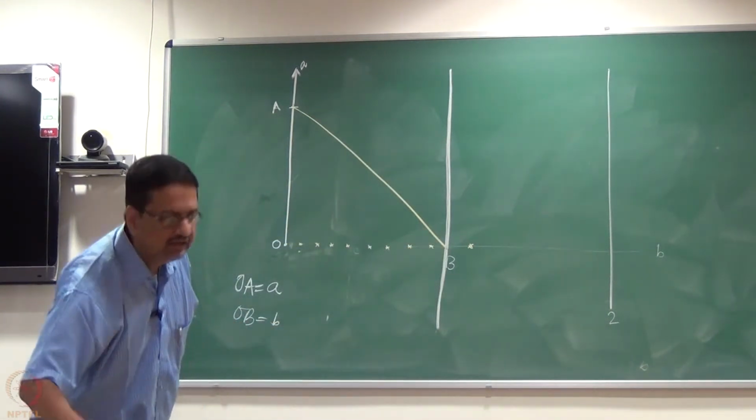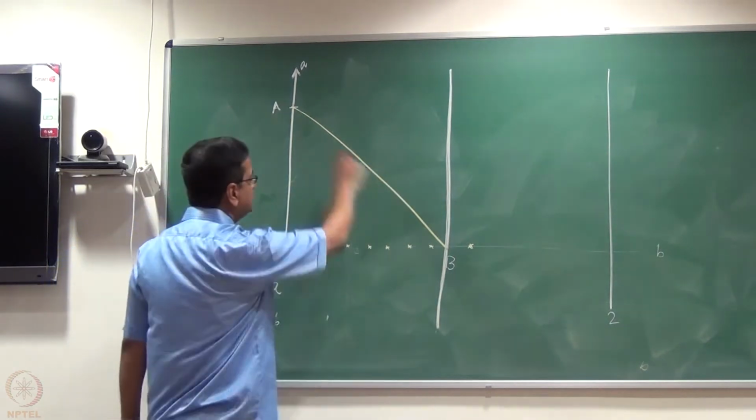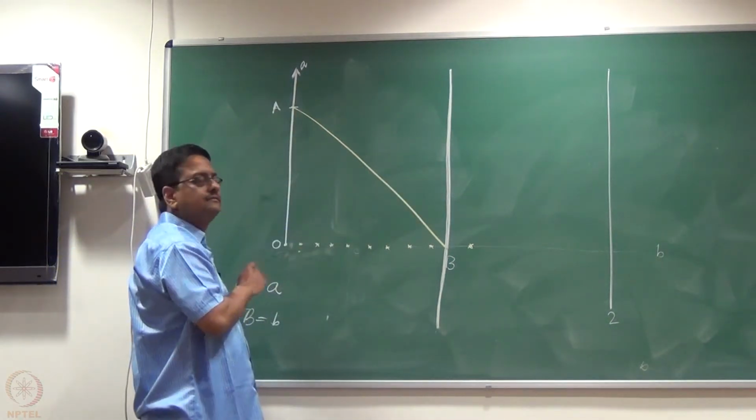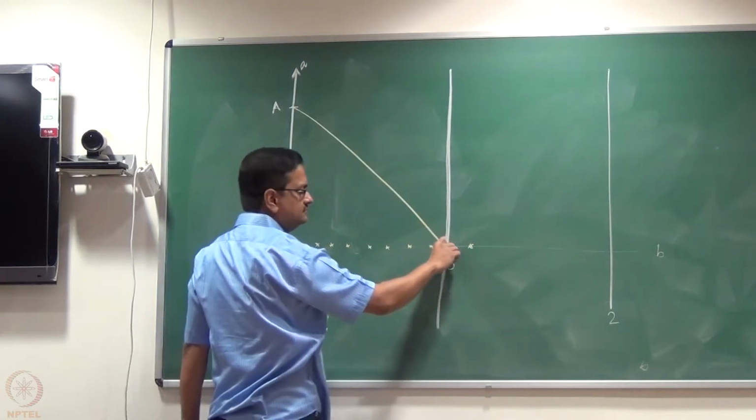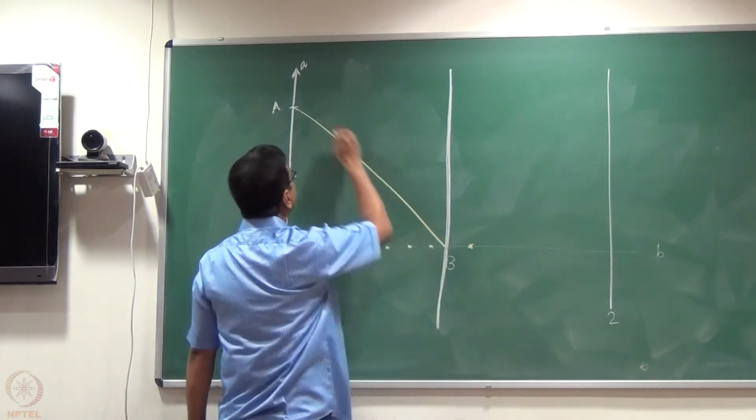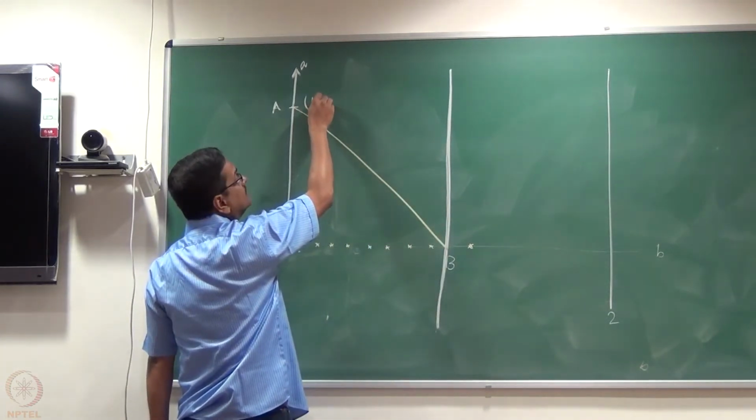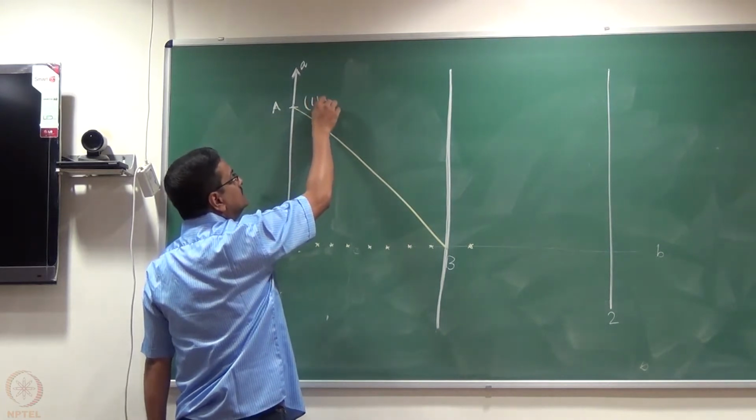So, what is the Miller indices? What would be the Miller index for this? 1. So, this becomes 1, 1, 0.